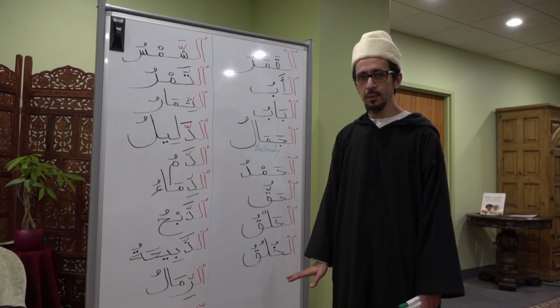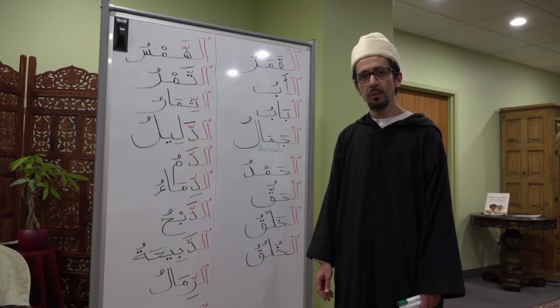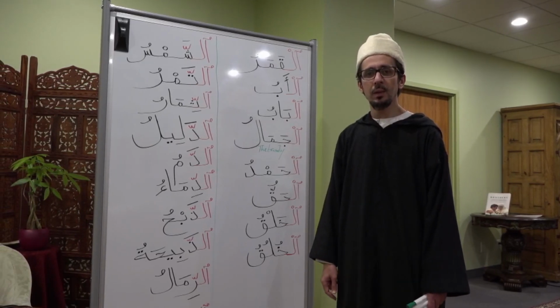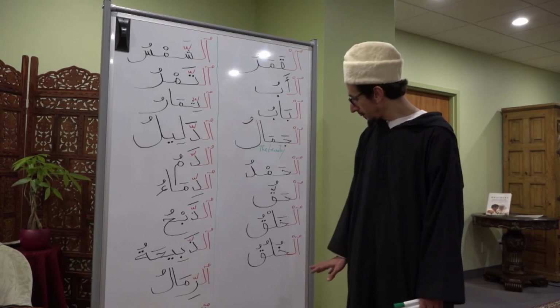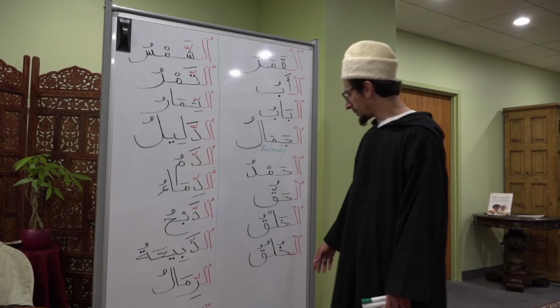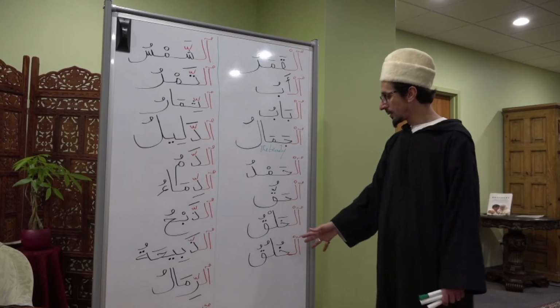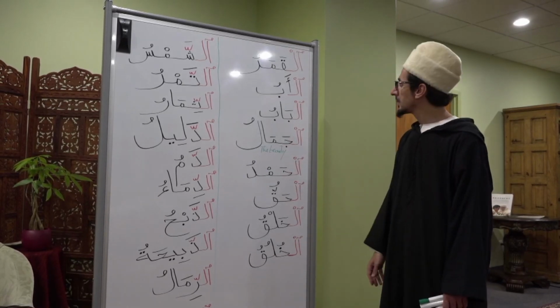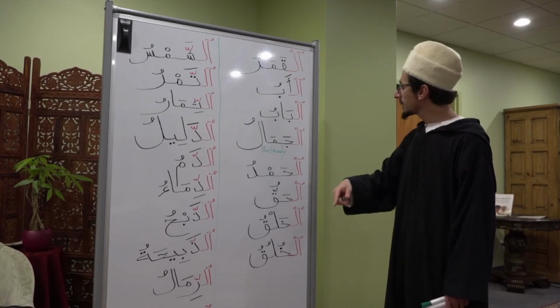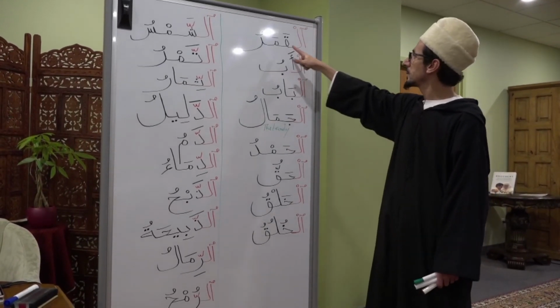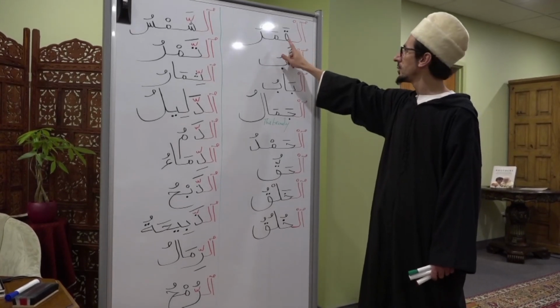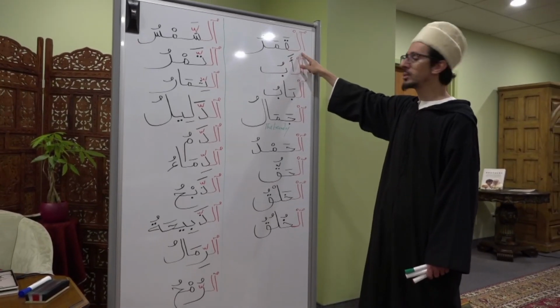Very easy exercise. I'm going to give you indefinite nouns that you have to make definite. That's it. Okay? So you wrote down all of this? We have 6 plus 6. We know that the letter Qaf follows the moon, Al-Qamar.